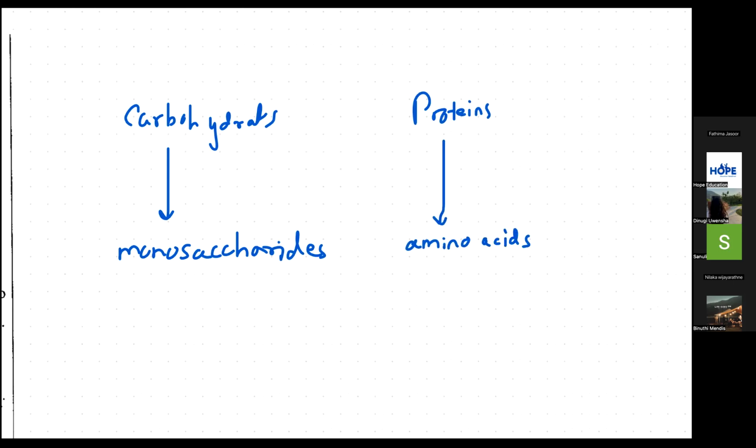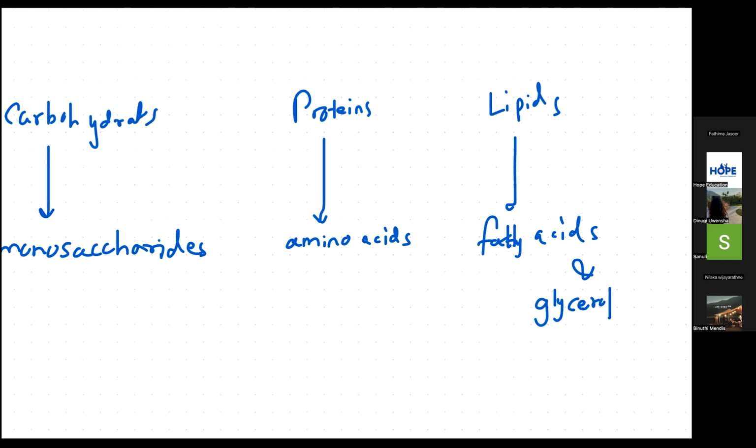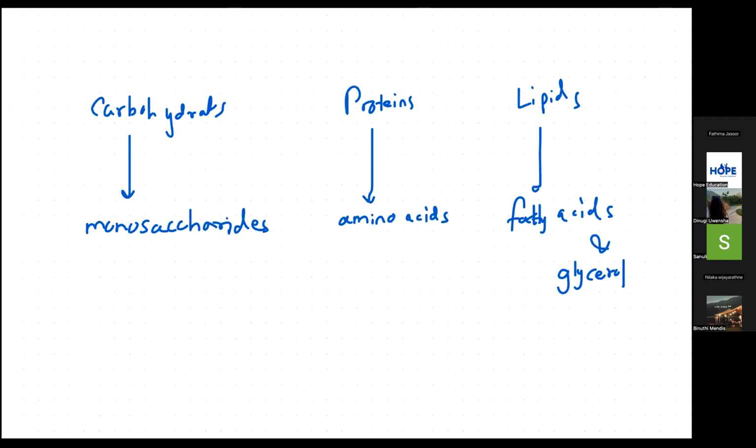Lipids are digested and produce fatty acids and glycerol. Okay. එතකොට carbohydrates digest වෙලා the monosaccharides and proteins digest වෙලා amino acids. Both of these are directly absorbed to blood.